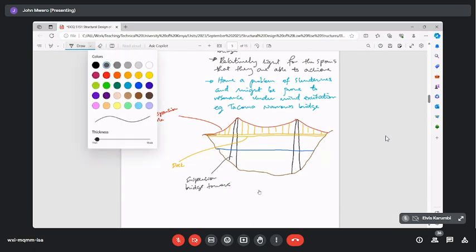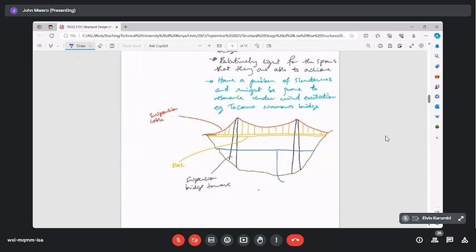That's your water. Okay, so that's basically how a suspension bridge would look.